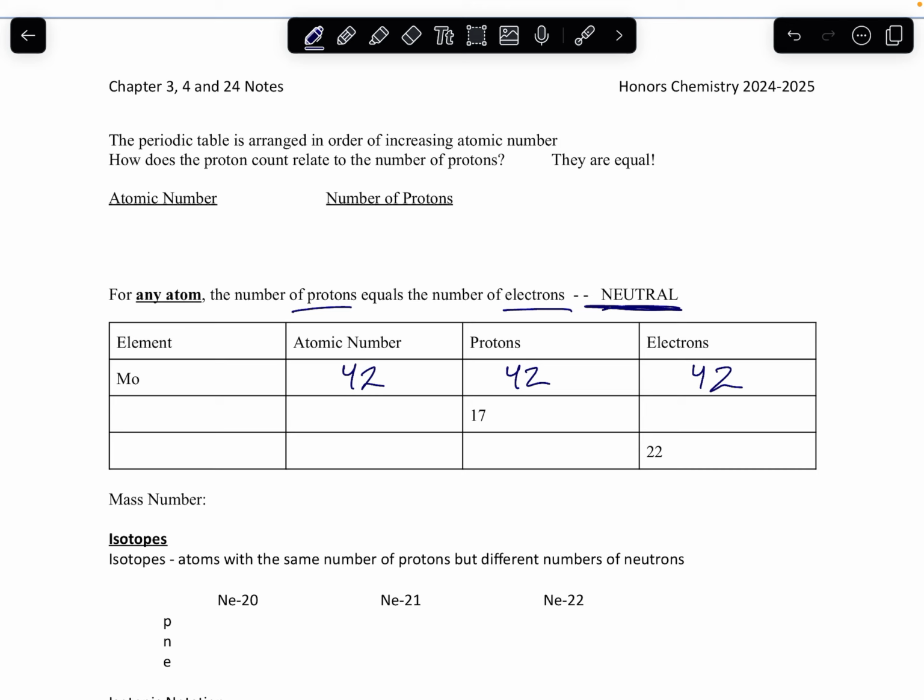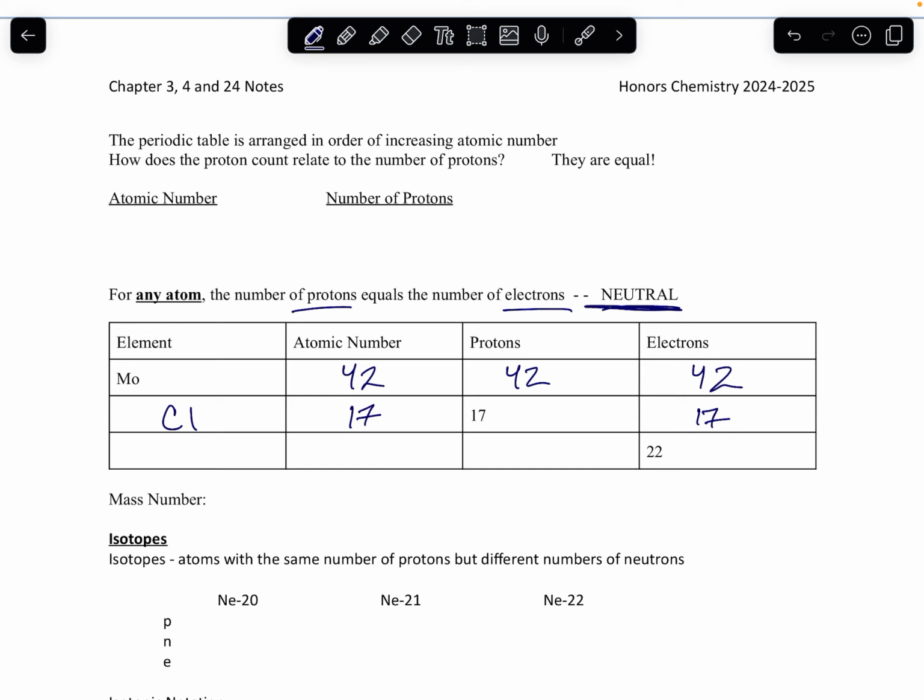If I have an atom that has 17 protons, well, that means my number of protons is also my atomic number, so that's 17. It's neutral, so it's also got to have 17 electrons. And if I look that up on the periodic table, that's going to be chlorine, Cl.